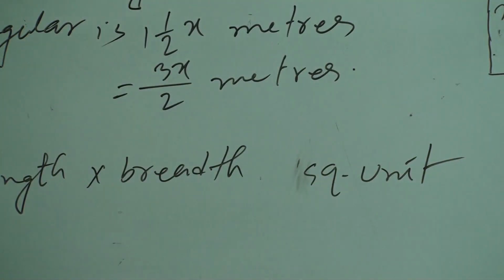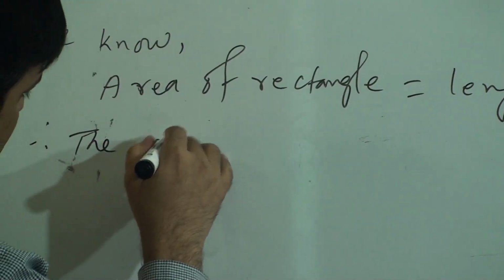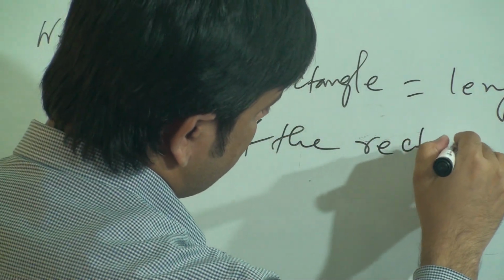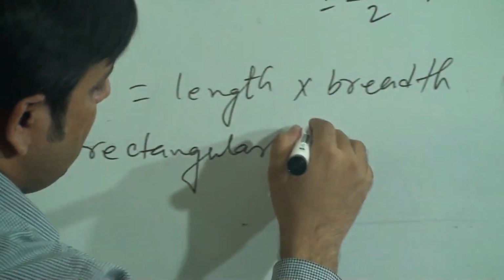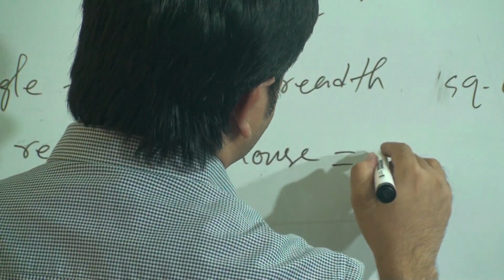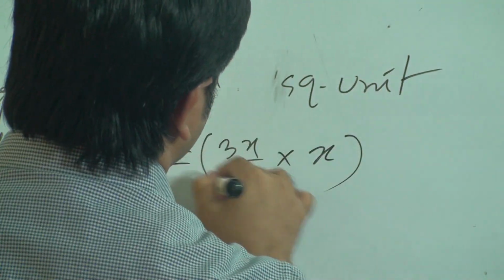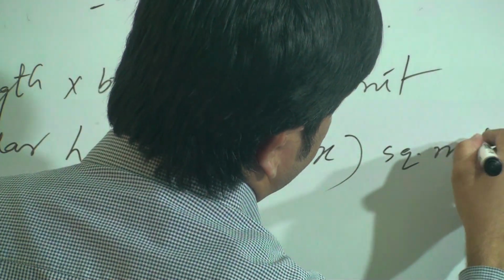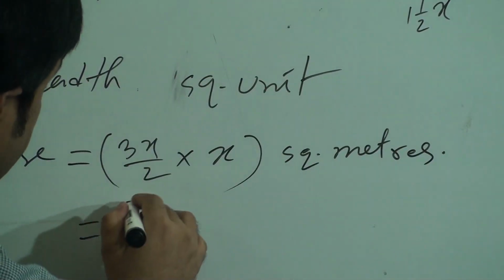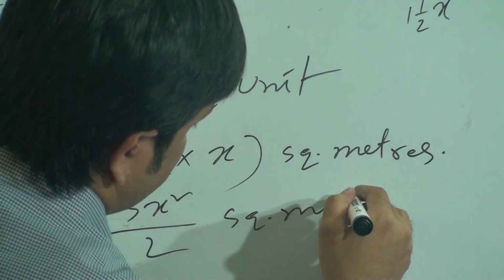Now we can write, therefore the area of the rectangular house is equal to, here length is 3x/2 and breadth is x, so unit will be square meter. So if we calculate here, we will get 3x² by 2 square meters.